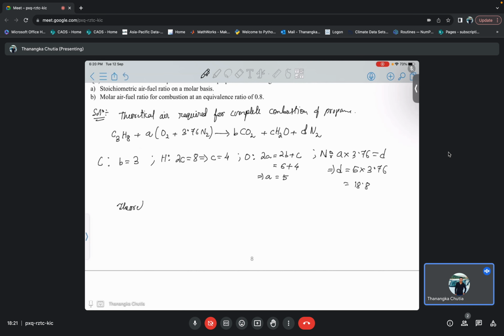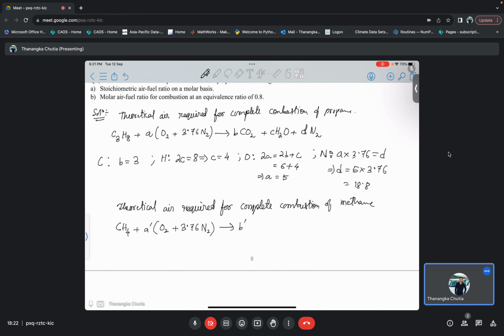Also, theoretical air required for complete combustion of methane. Okay, so here, in place of propane, we'll put methane plus A prime times O2 plus 3.76 N2.